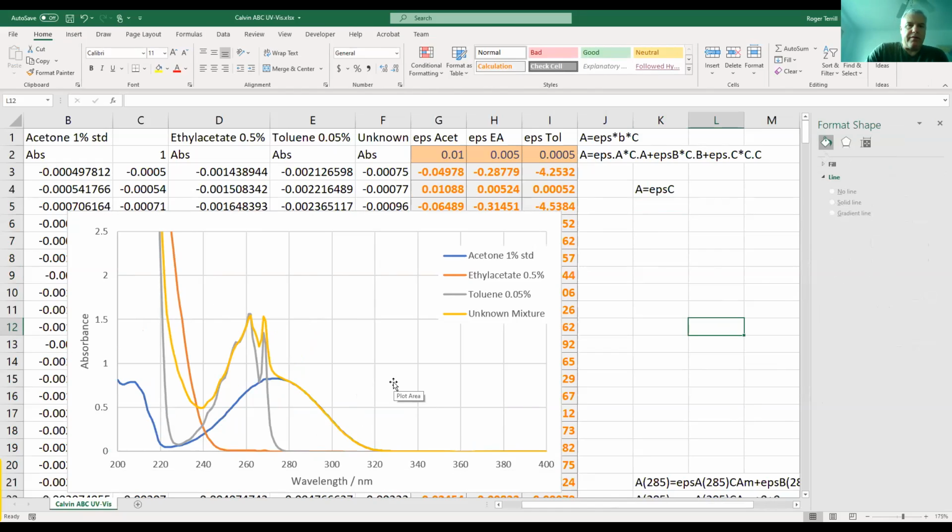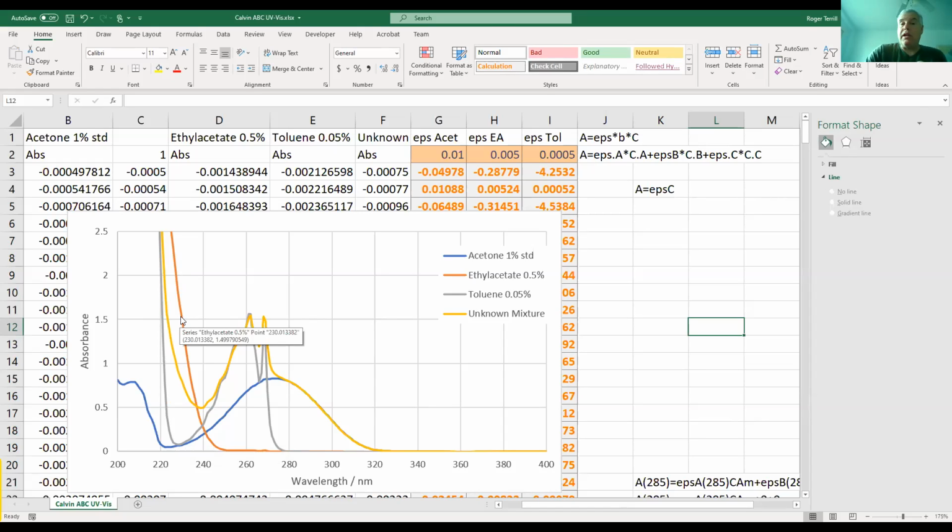And there are a lot of problems with these data, right? The first problem is that at wavelengths that are shorter than 230 nanometers, these absorbances are off scale. So the standards and the mixture are messed up at wavelengths below 230.